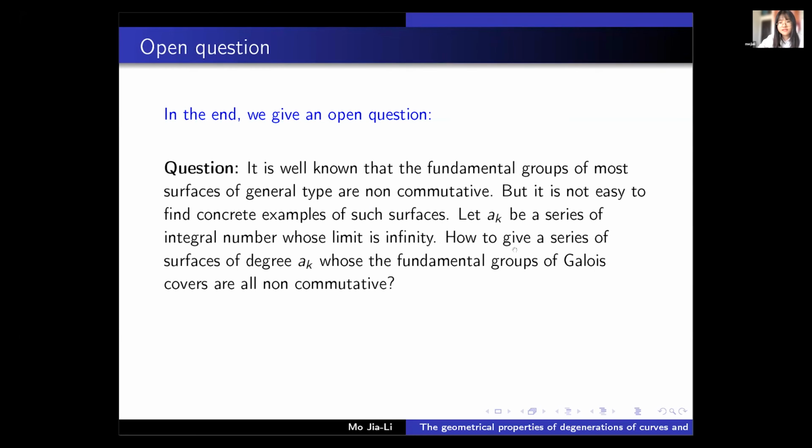How to give a series of surfaces of degree a_k whose fundamental groups of Gauss curves are all non-commutative? This is our open question, and in the following, I and my teacher will try to solve this question.